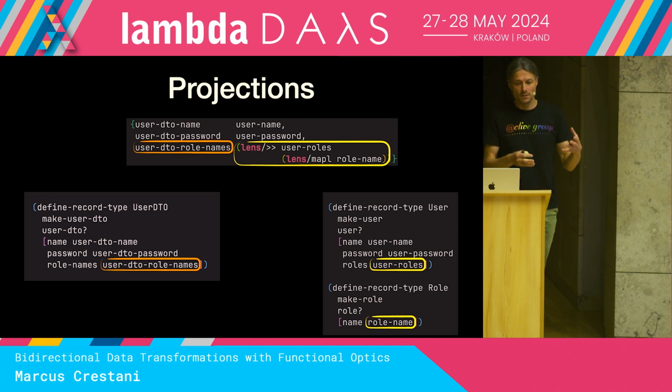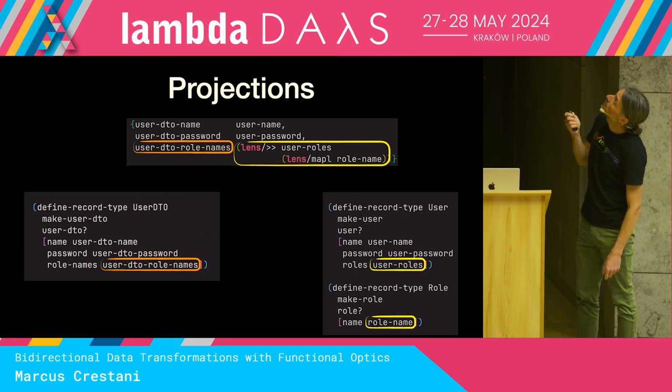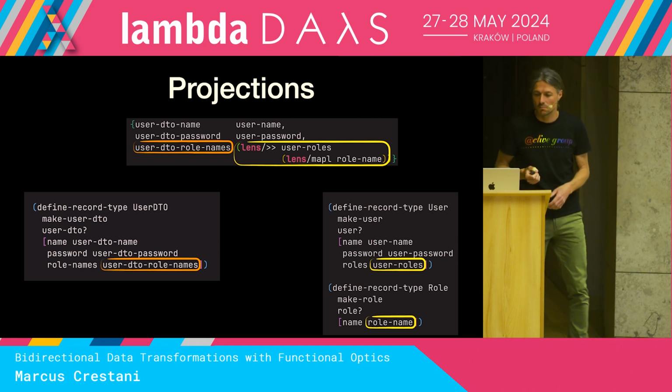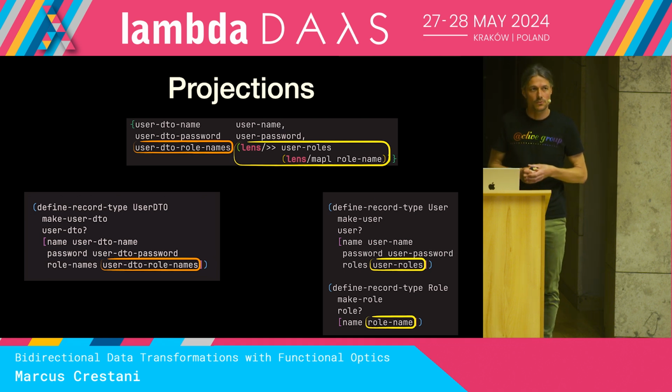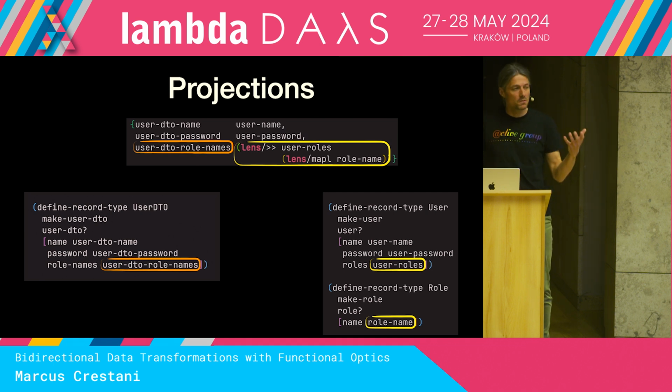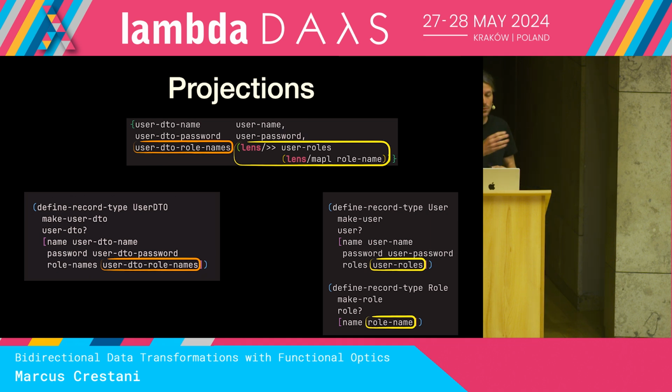It maps a lens over a collection. So this lens combination here gives us focus on the string representations of the name. So really just the role names as strings. And this is actually all that is needed for the bidirectional projection between these two data structures.